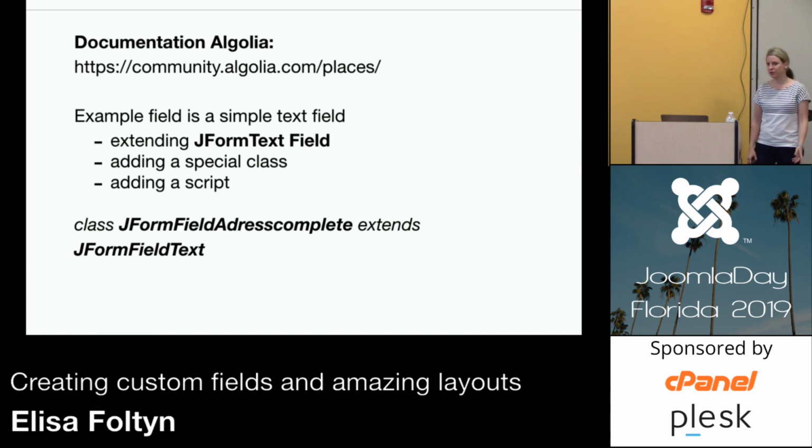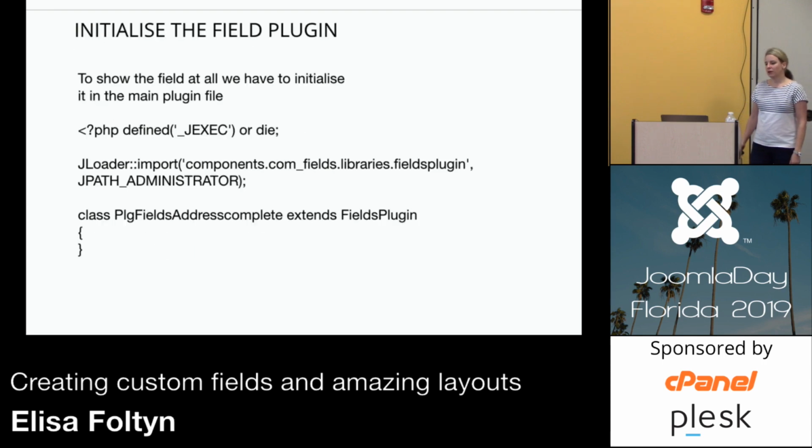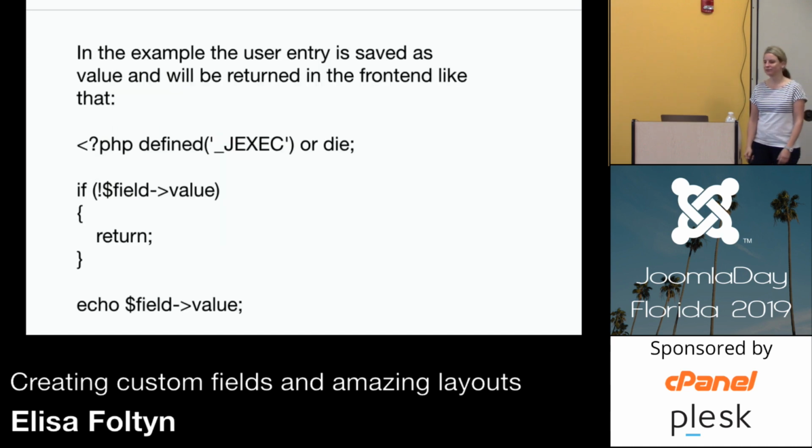That's everything I need to do to display this autocomplete. I will skip this because that goes too deep into development. But if you're a developer, you will be able to look into the slide and do something with it.